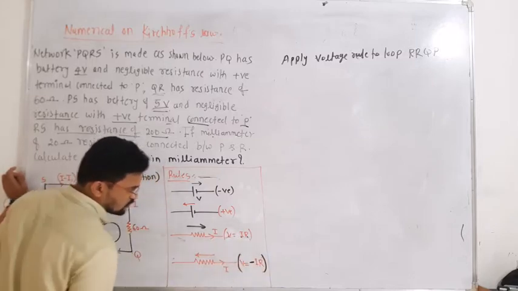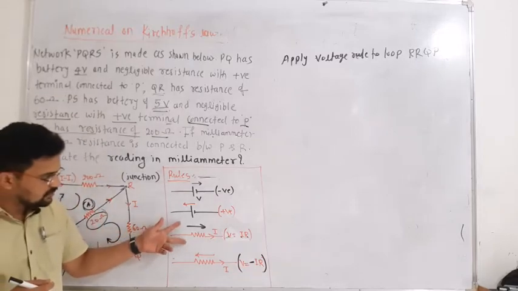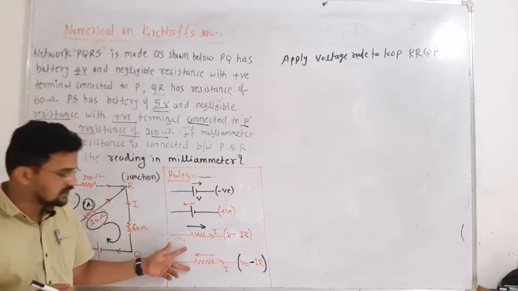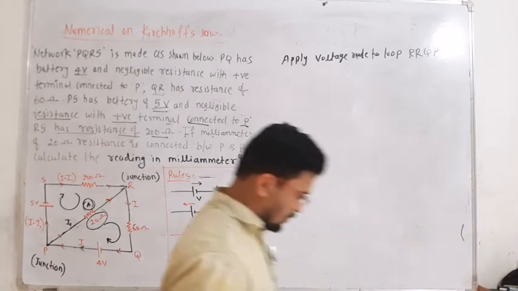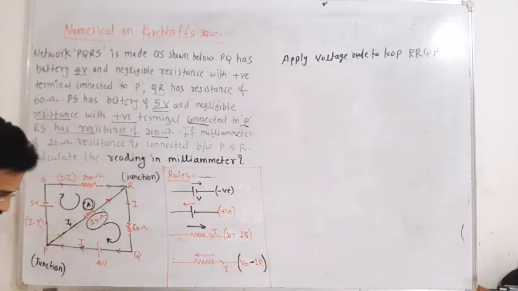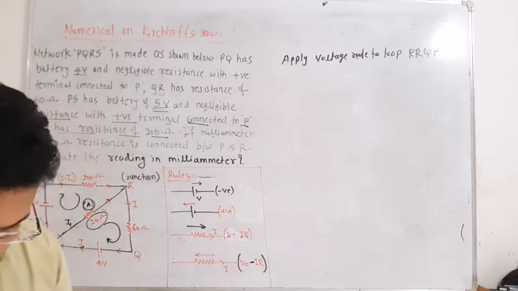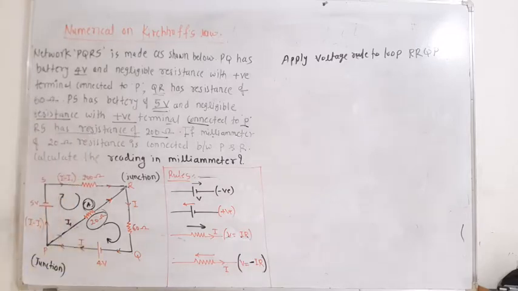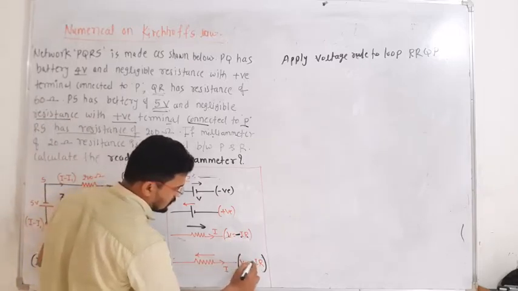If both are in the same direction, it is negative, and if they are in the opposite direction, it is positive. Let me confirm it once again. Travel in the current direction, negative; travel opposite to the current direction, positive.